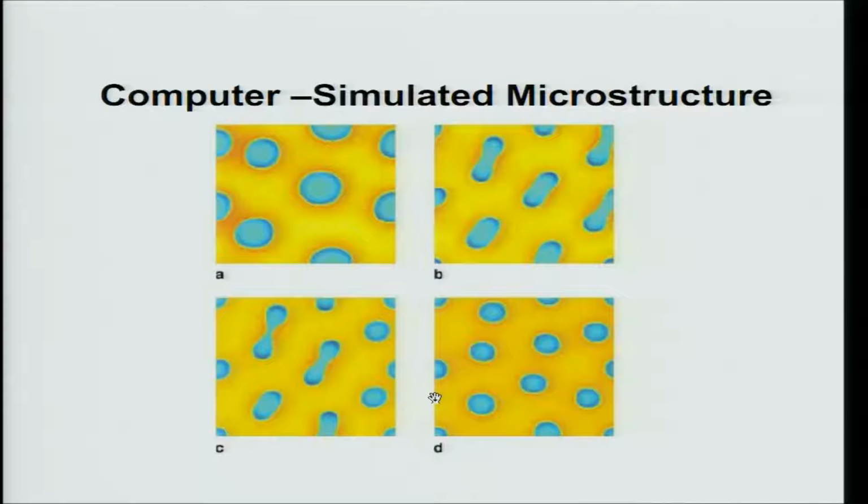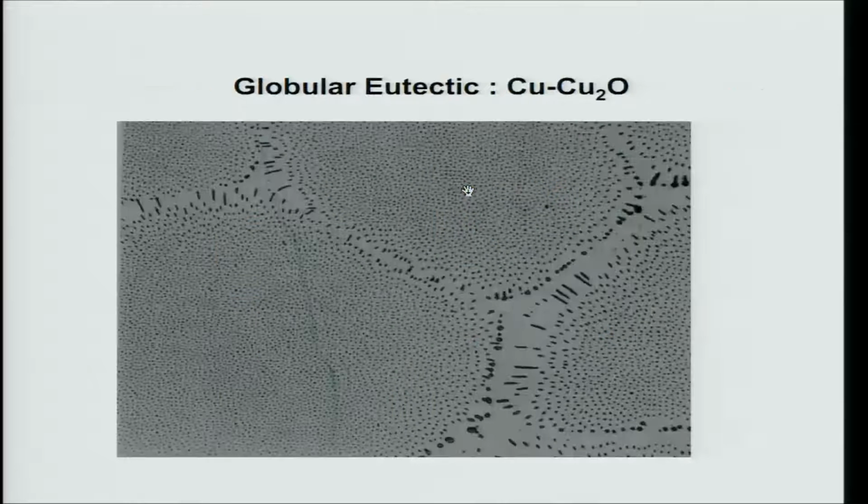Now, you can always simulate this microstructure and you can see that these rods are possible to see in the microstructure. There is another type of microstructure known as globular eutectic. What is that? It is normally found between Cu and Cu2O. If you have a copper melt and if you have a sufficient amount of oxygen present during solidification, then such a kind of thing forms.